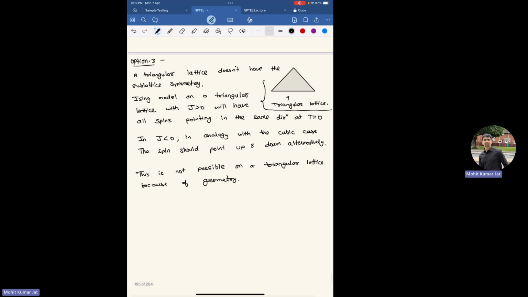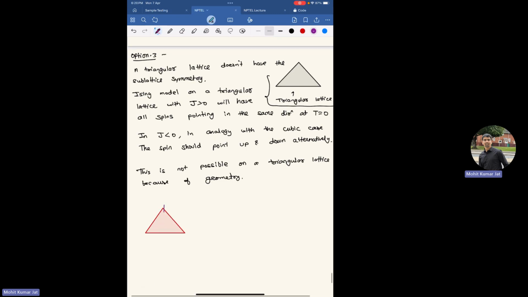For example, what does it mean? See, for a ferromagnet, all the spins can align in one direction. That is okay.